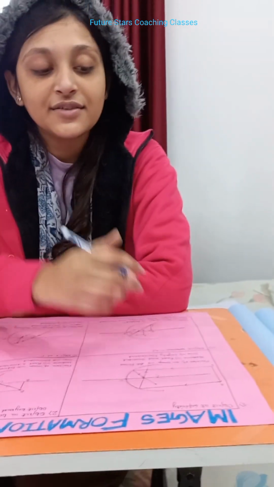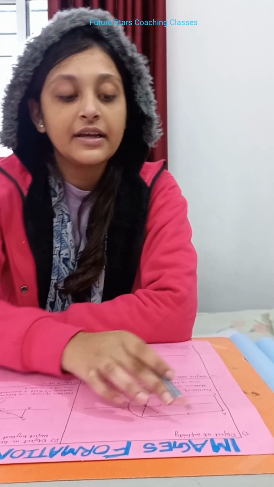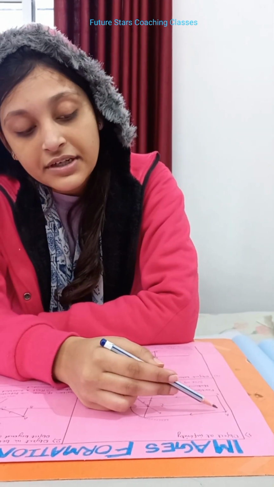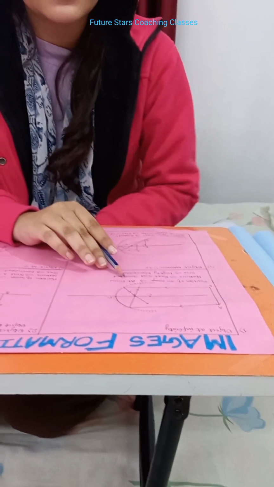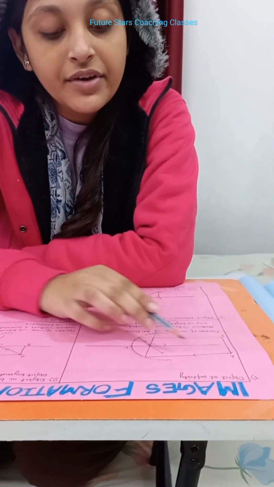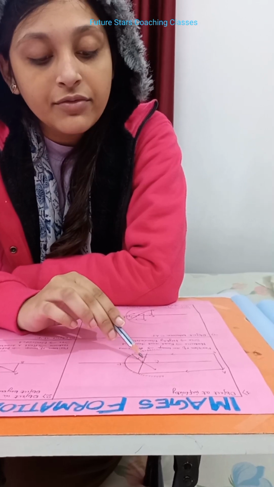Yes, sir. The first case is the object kept at infinity. Here we're taking an object AB at infinity, so the position of the image is going to be at focus. We take a parallel line, and it will pass through the focus.